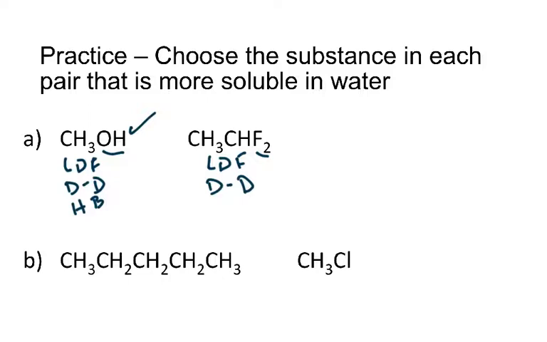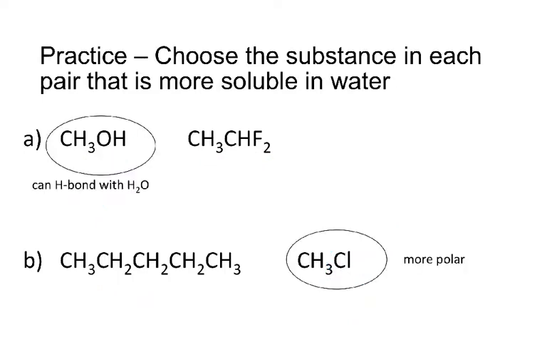Then if we go down to the bottom, this chain of carbons only has London dispersion forces. Our one on the right, of course, has London dispersion forces, but it also has a chlorine, so it's polar. So it has dipole-dipole, and that's going to be more like water than the one with just London dispersion forces, and so the one on the right is the correct answer there.